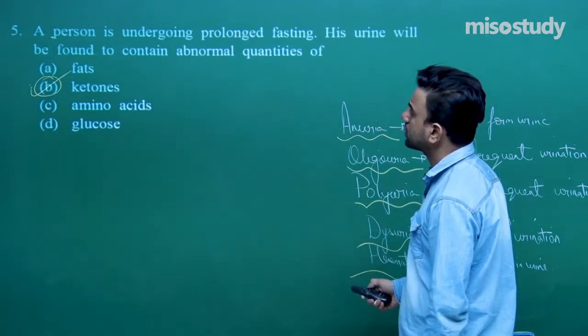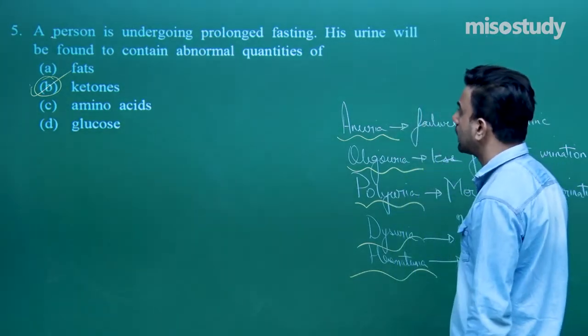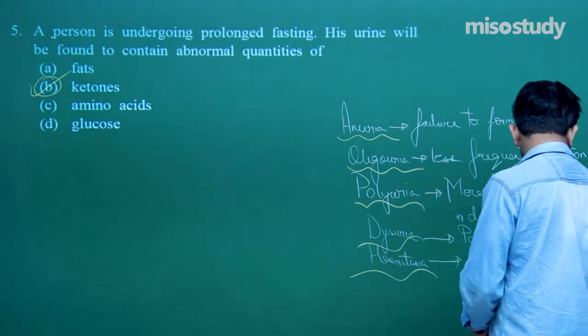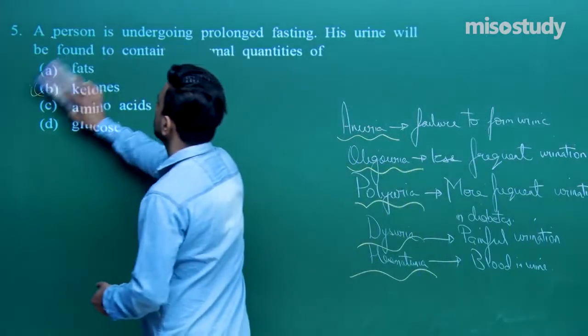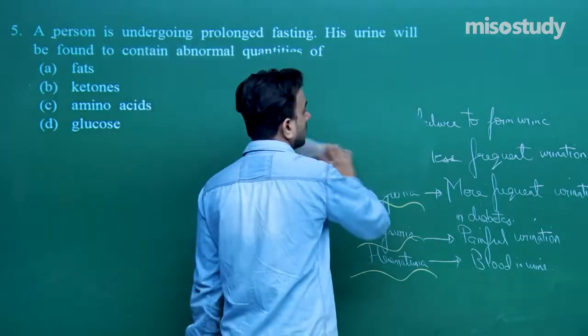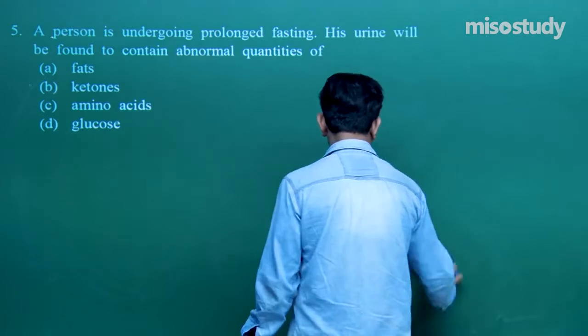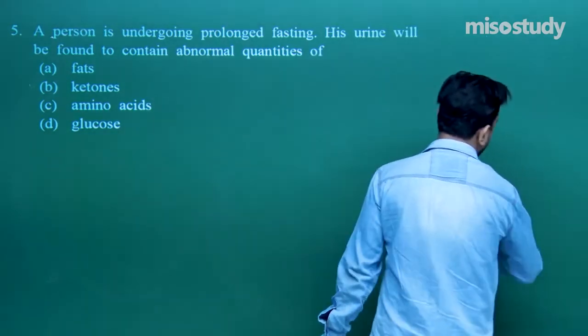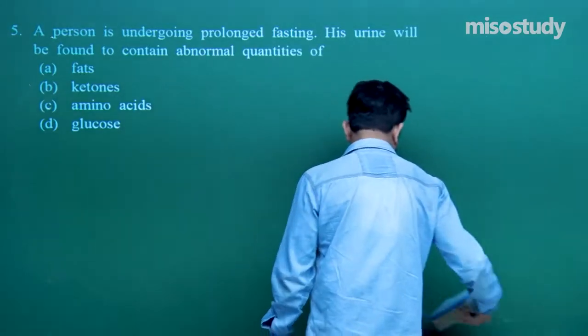We move on to the next question. A person undergoing fasting will have urine containing abnormal quantities of what?